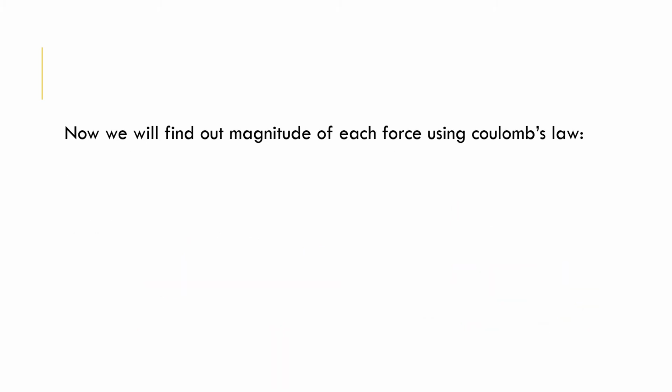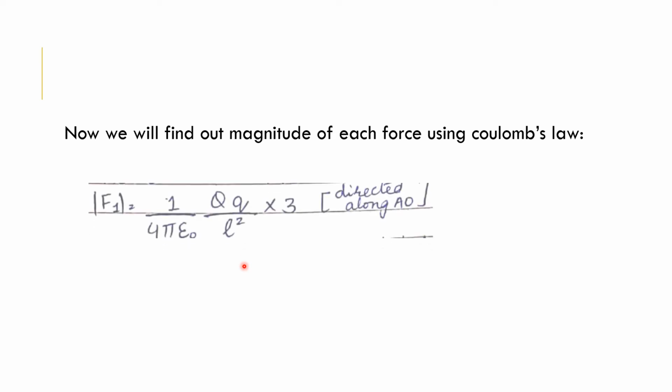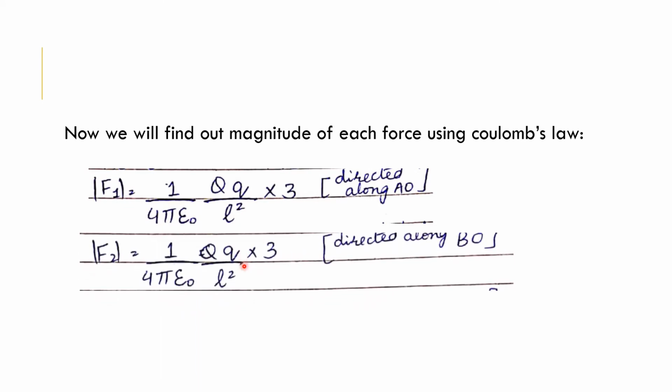So F1 is 1 by 4 pi epsilon naught, the charge at the centroid is capital Q and the charge on vertex A is Q, divided by the distance, L square by 3. Similarly, find F2.